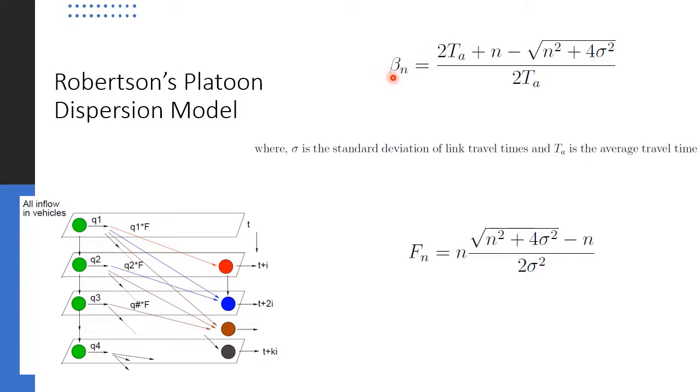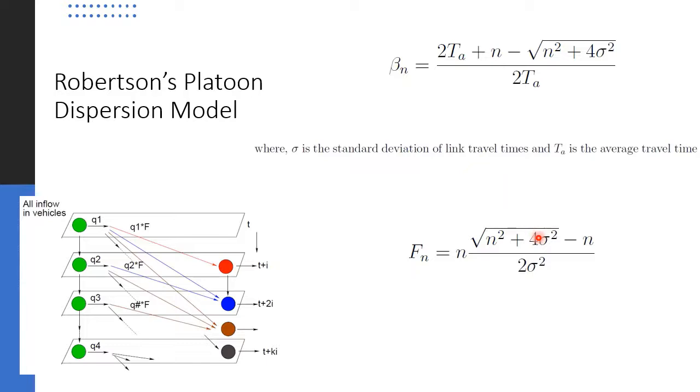So beta n, or the travel time factor at the modeling time step n, depends upon the average travel time in that link, and also the standard deviation of link travel times in that road stretch. Then next, you can again find a certain factor. It again depends upon the modeling time step n, and also the standard deviation of link travel times sigma.